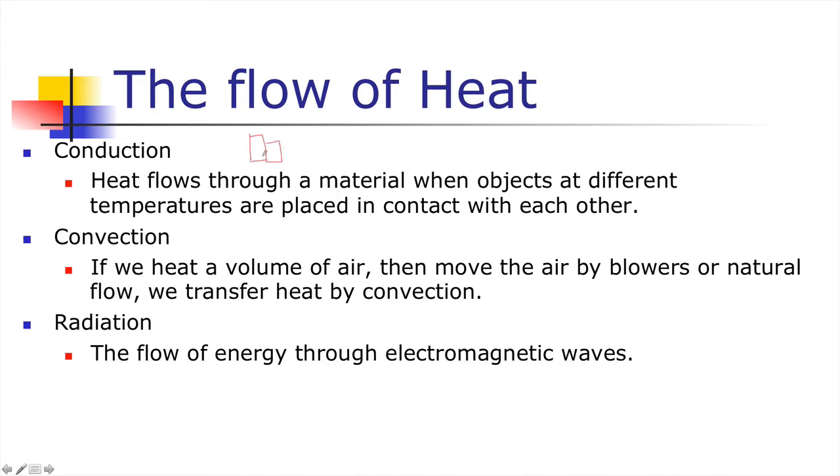As in the previous example, if this is at 100 degrees centigrade and this is at 50 degrees centigrade, then heat flows from A to B until they both achieve a common temperature, say 75. There is direct contact between object A and object B. That kind of heat transfer is known as conduction.